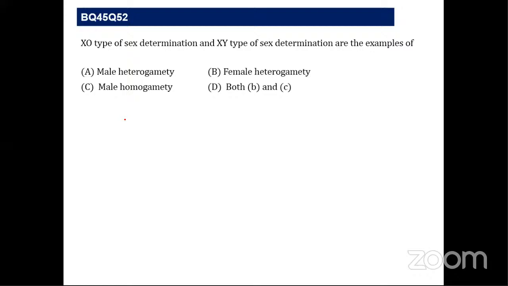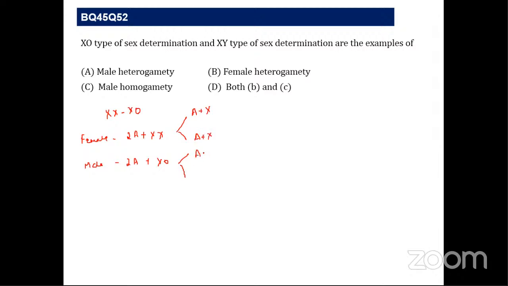So when we are talking about XO type of sex determination, if I talk about XX and XO, here a female is 2A plus XX, where A is representing the autosomes, and male is 2A plus X. Now if we see the type of gametes that are going to be formed, for the female it is going to be A plus X.